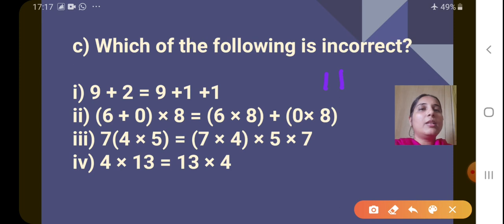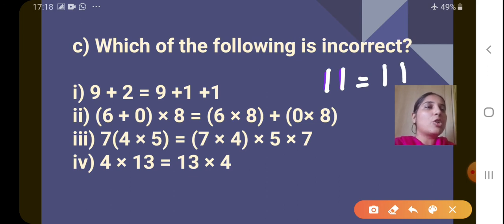On the right hand side we will get 9 plus 1 plus 1. So 9 plus 1, 10, and 10 plus 1, 11. So left hand side also 11 and right hand side also 11. So that is correct. Now let's see option number 2.